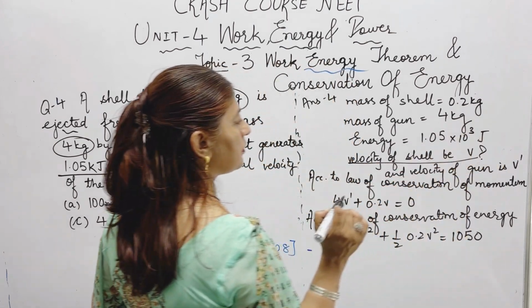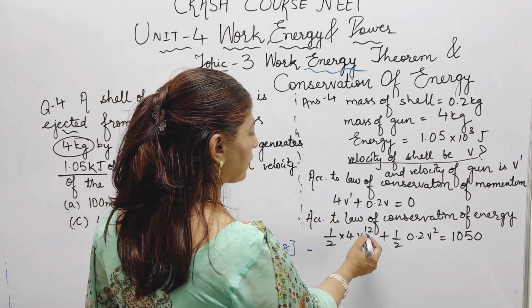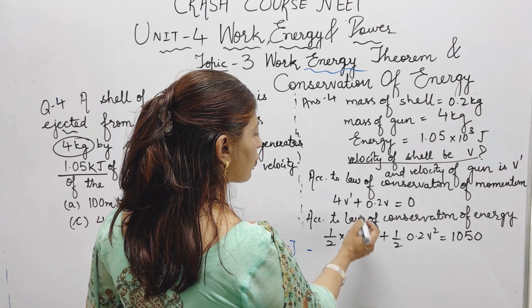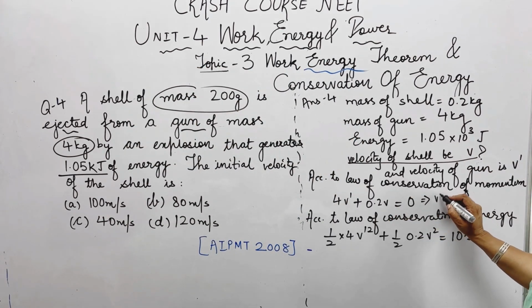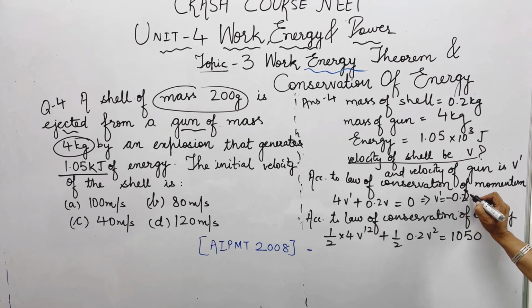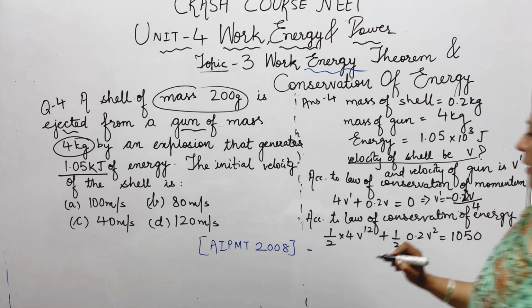This is the required value. So we will replace the value of v dash from the momentum equation, which is minus 0.2 v by 4. So we'll put minus 0.2 v by 4 over here.